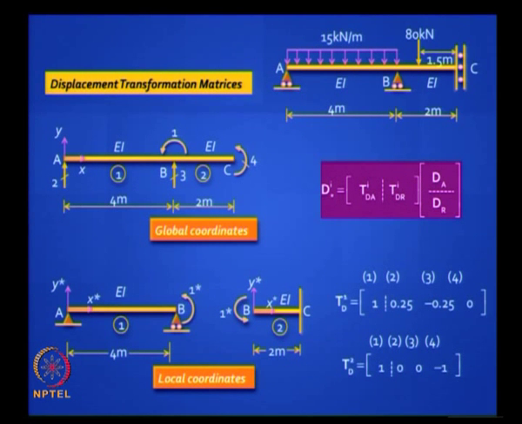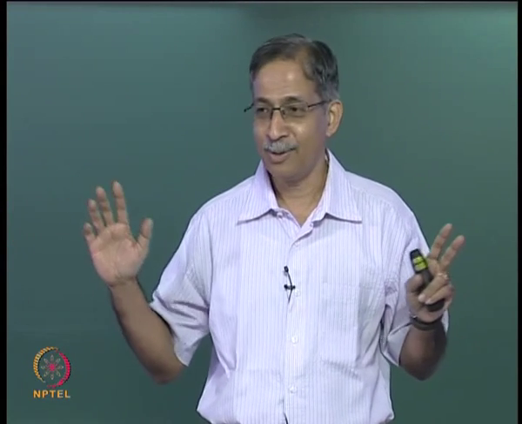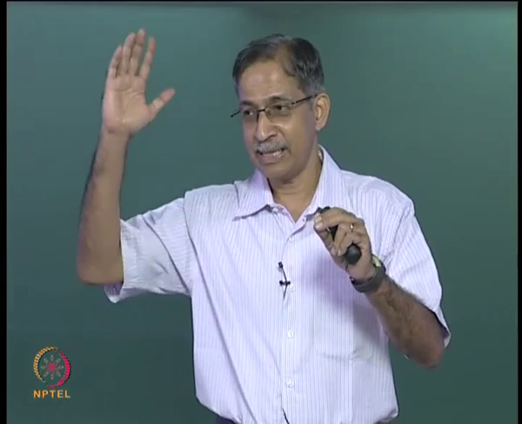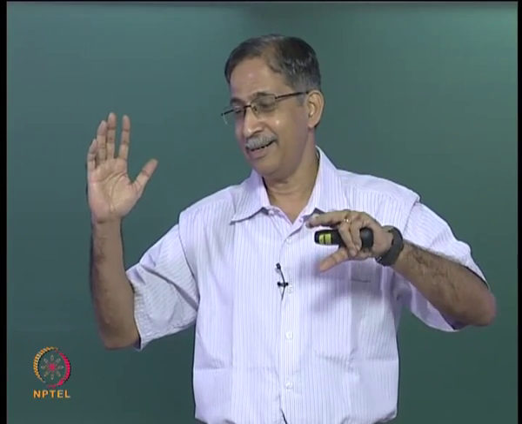In a cantilever, translations don't create any problem. In a cantilever, remember it was guided fix here and support here. If you have support settlements, it's not going to create any problems.